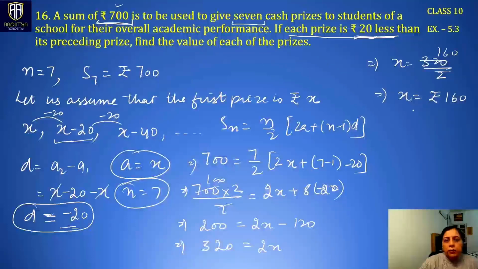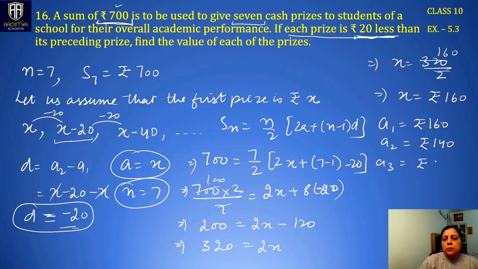Find the value of each prize. So first prize is rupees 160. Second prize becomes rupees 20 less than the first one, so it is 140. A3 is rupees 120. A4 is 100. A5 is rupees 80.